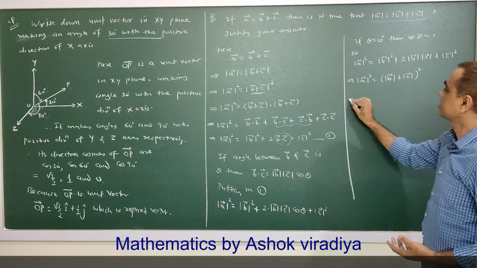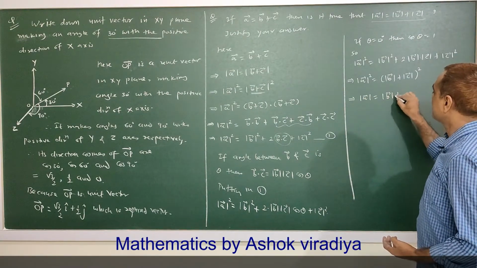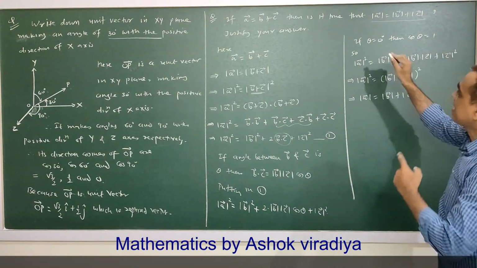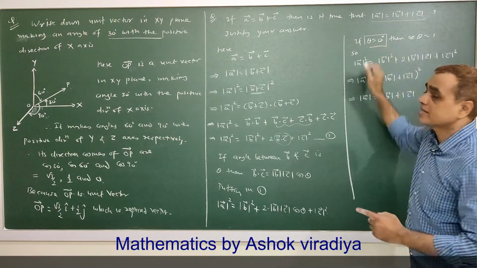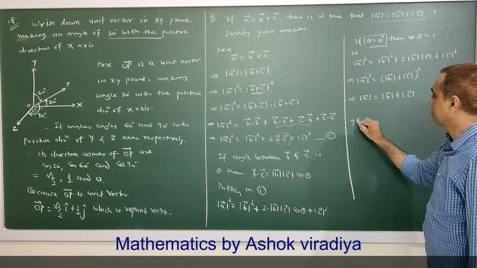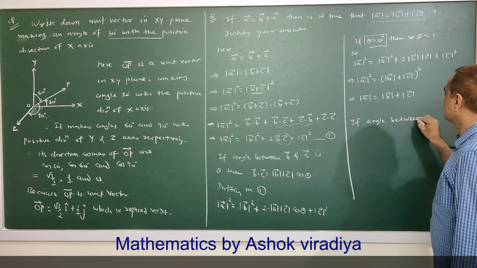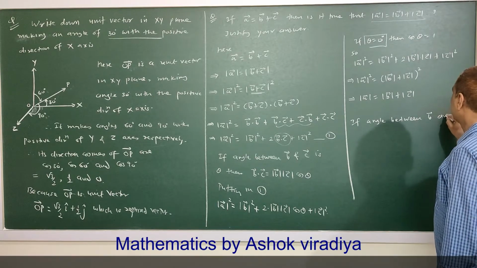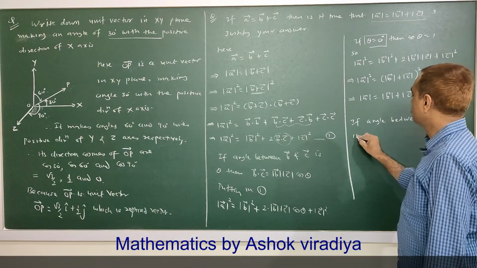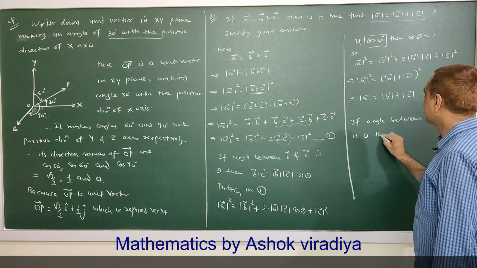So that means magnitude of A is equal to magnitude of B plus magnitude of C. This is true if angle between vector B and C is 0, then and only then.